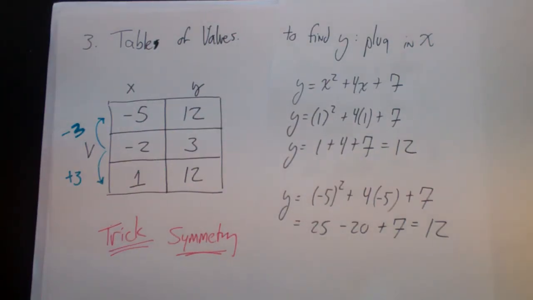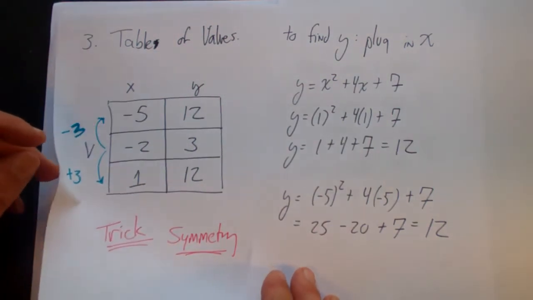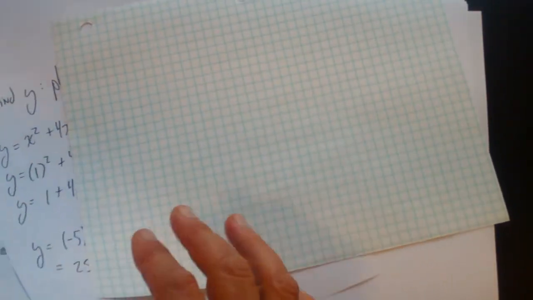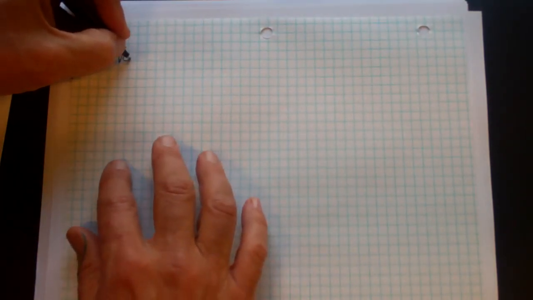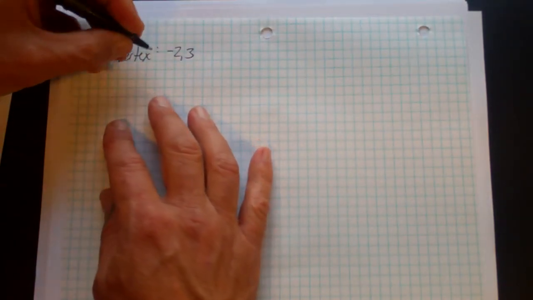And now the last thing we need to do is simply to graph these. So let's go ahead and graph these. What we have here is our vertex. Our vertex is minus 2, 3.